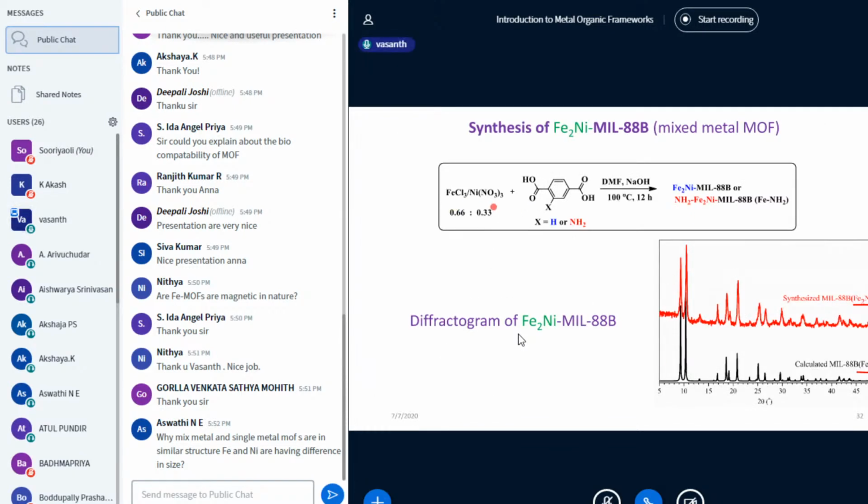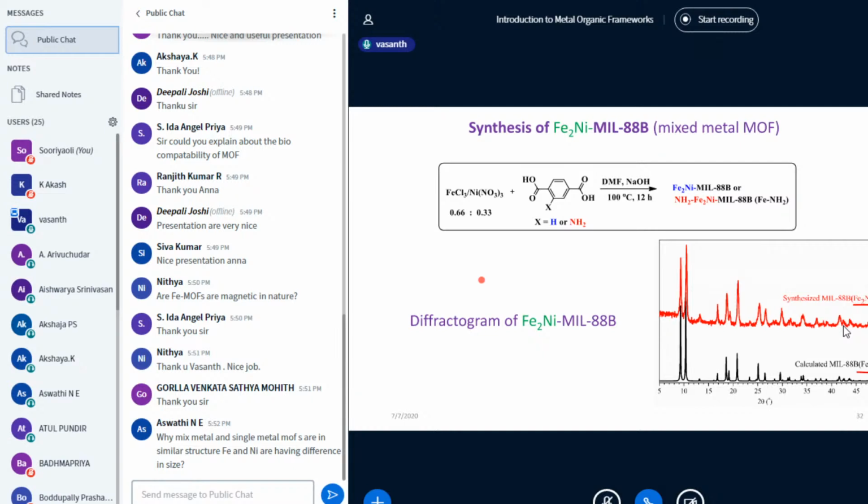Nickel is in the +2 state and iron is in the +3 state, and the ionic radius of Fe3+ and nickel 2+ are close to each other. So this is why it is able to form a similar structure.